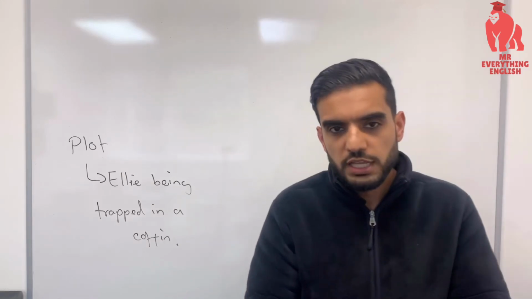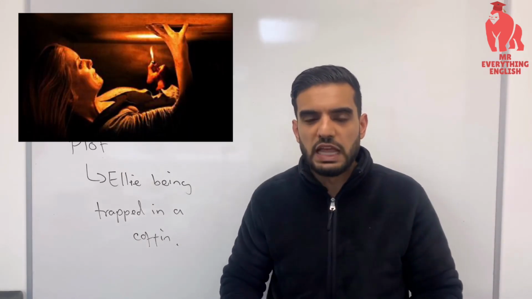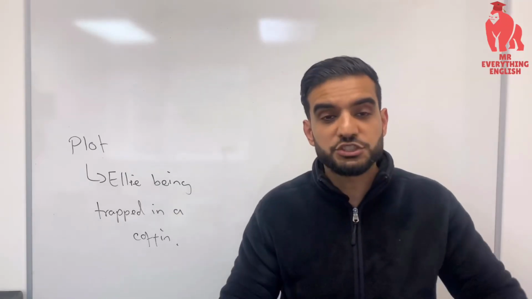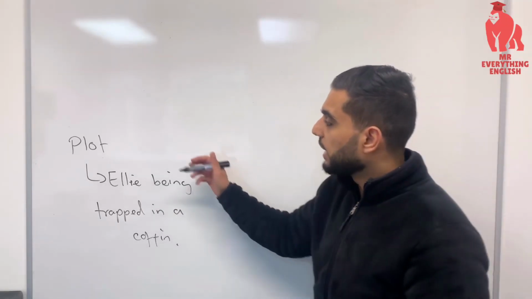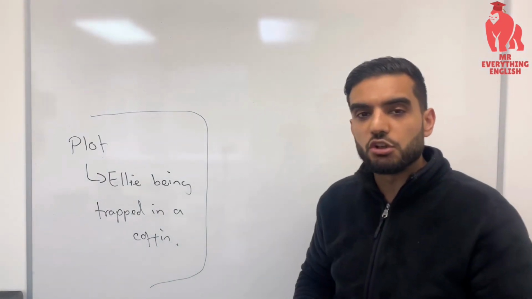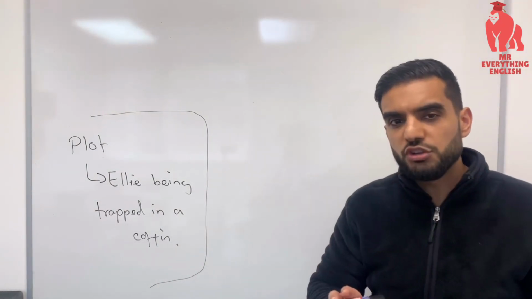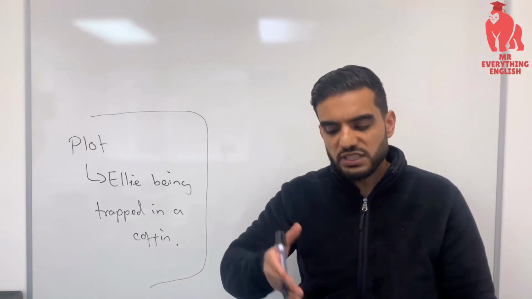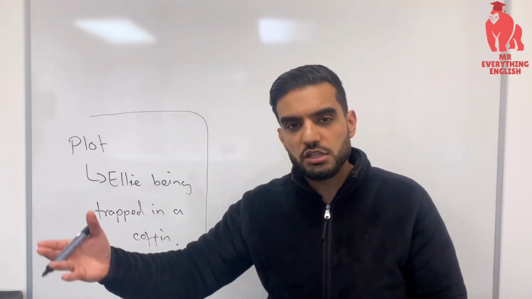That's the plot. That my character is trapped in a coffin. How she got there, whether she escapes, that's going to be fleshed out in the story. But as a core, that is my plot. That Ellie is trapped in a coffin. Now I'm going to plan with you guys the first paragraph. And all you would do is follow that same plan throughout the entire story.